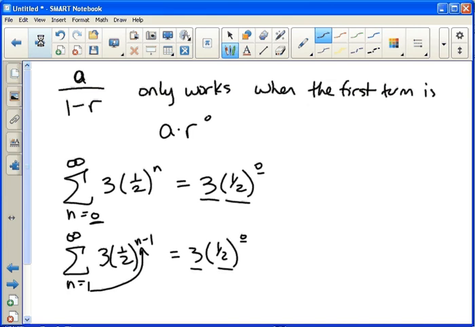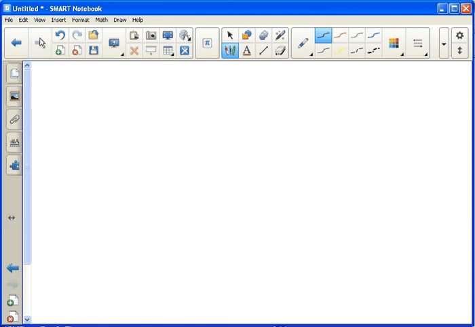But if it doesn't start like that, if you have something like this, then you're going to have to adjust your sum. So let me show you how you have to do that. Let's just go with a simple one where it's 1 times 1/2 to the n, and we'll compare what it looks like when you start at 0 versus when you start at 1.